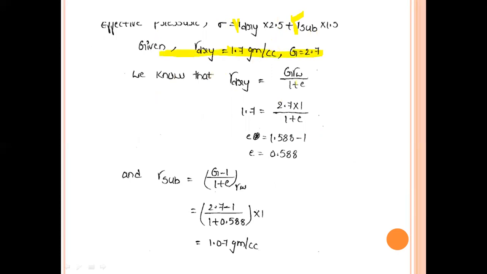We know that gamma dry equals G into gamma w by 1 plus e. Substituting 1.7 equals 2.7 into 1 by 1 plus e, that gives e, the void ratio, equal to 0.588. And gamma submerged equals G minus 1 by 1 plus e into gamma w, that equals 2.7 minus 1 divided by 1 plus 0.588 into 1, that equals 1.07 gram per cc.